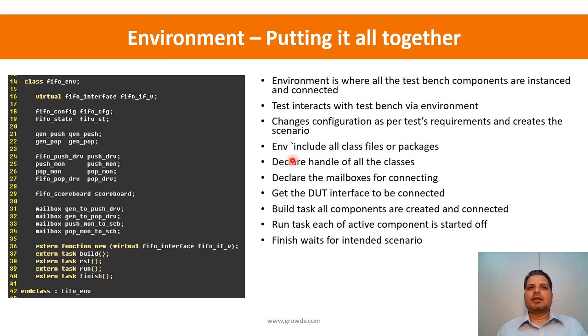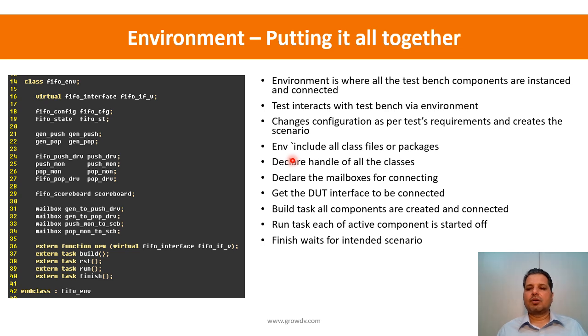We have looked at the scoreboard, the configuration object, and the state object, and we have understood what the active components are. We have looked briefly at the thread, and at how the intermediate reset is handled within each of those threads using the fork concepts, which is very important. And now we are ready to put all of it together.